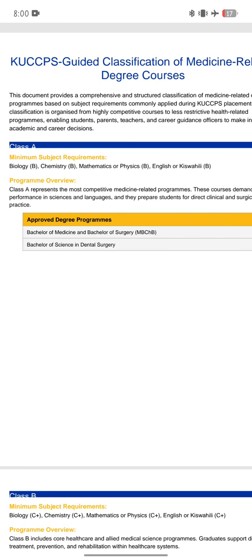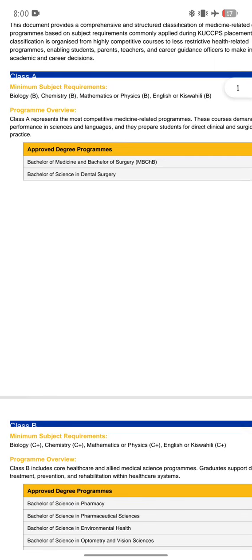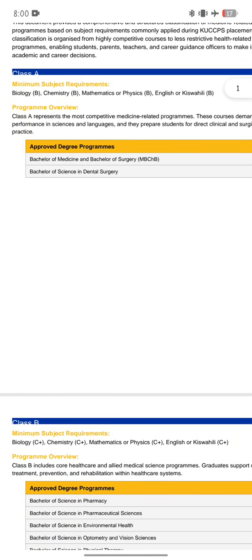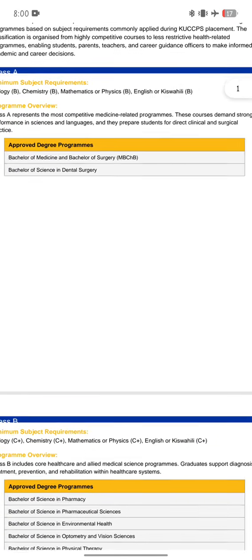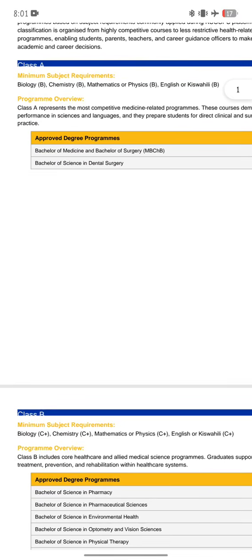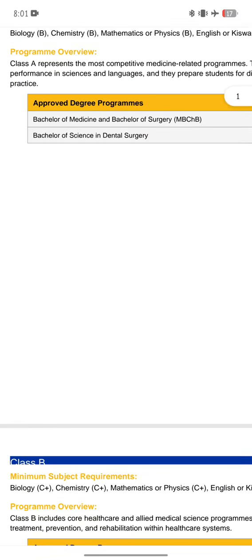Those are the subject requirements, and class A represents the courses which are more competitive. These courses demand strong performance in sciences and languages, and they prepare students for direct clinical and surgical practice. In class A, we have only Bachelor of Medicine and Bachelor of Surgery, and Bachelor of Science in Dental Surgery.